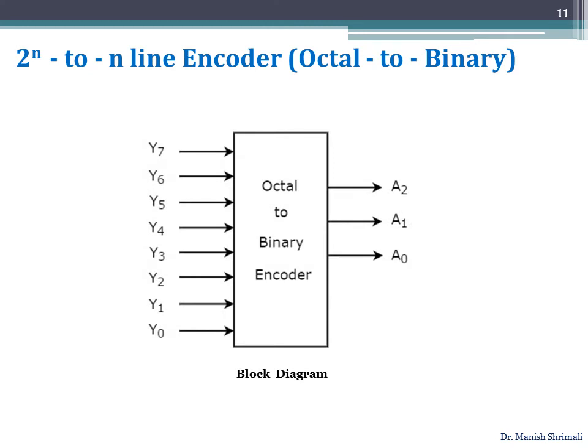This is the block diagram of the octal to binary encoder, in which we have y0 to y7 as the 8 inputs, and there are 3 outputs, that is A2, A1 and A0.